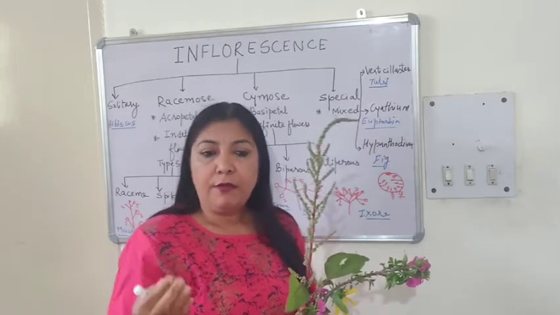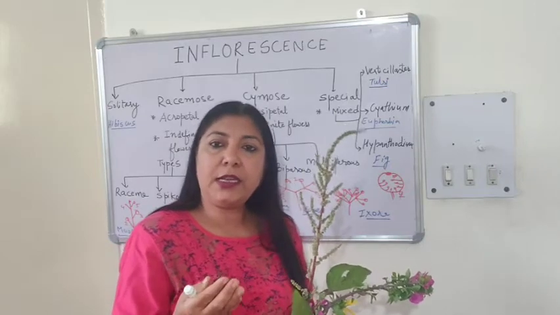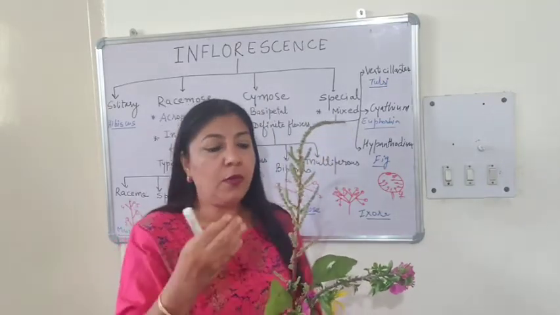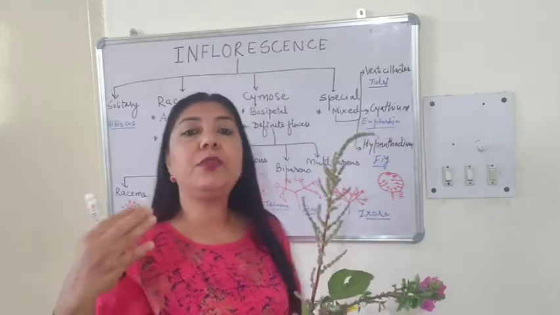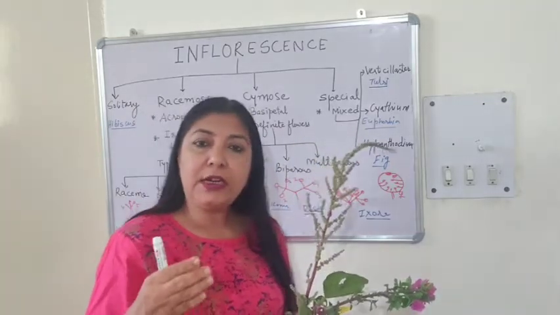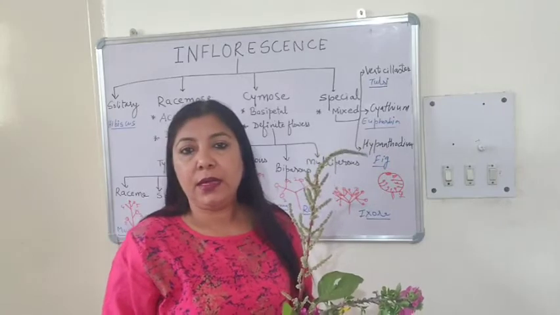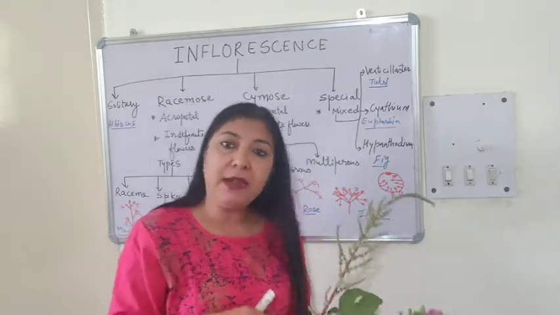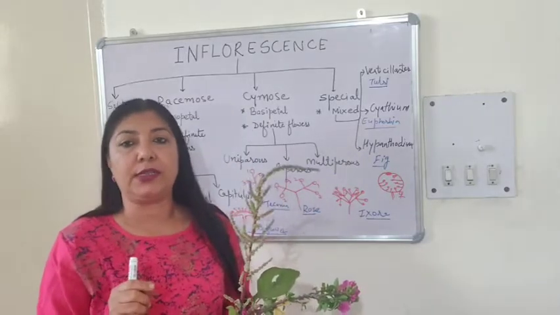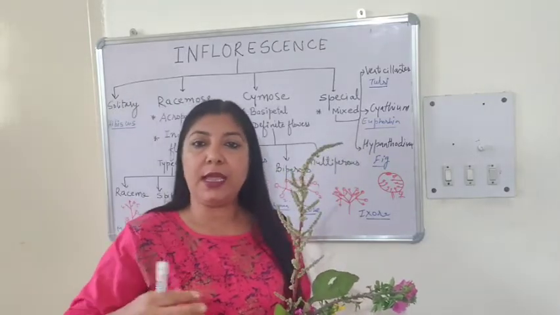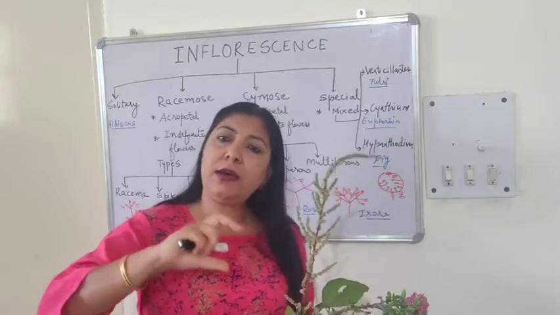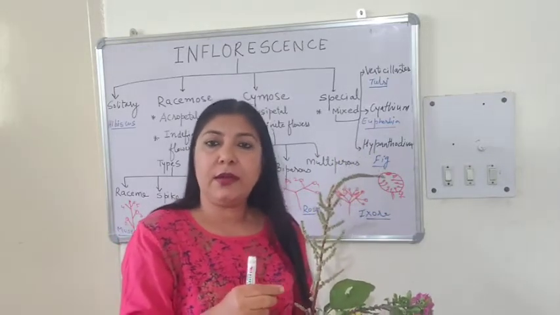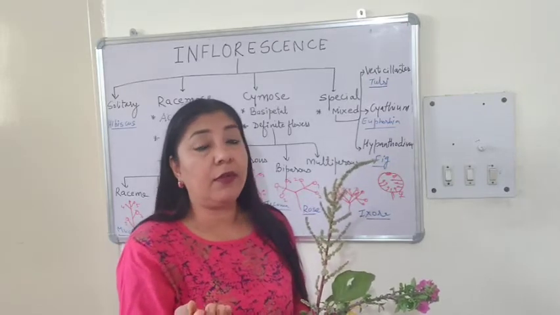Actually, flowers are present on the shoot only. When a plant becomes mature, instead of leaf buds, it starts producing floral buds. So inflorescence is a kind of stem only, but instead of leaves, it starts producing flowers.